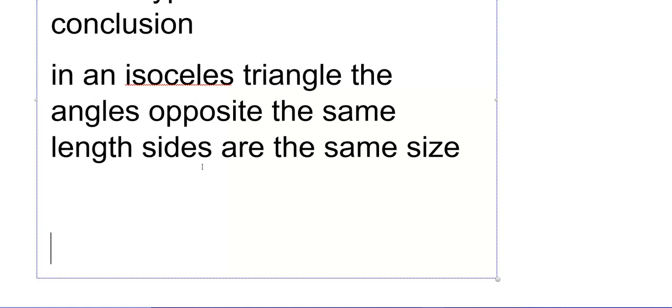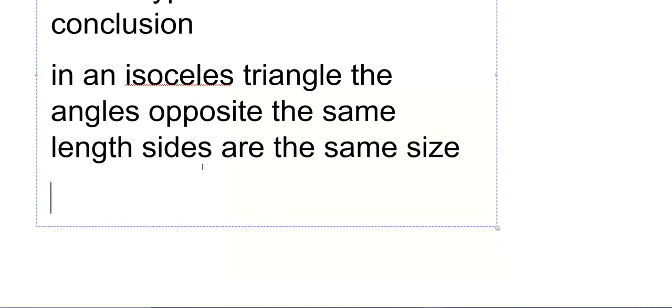Okay? Now, what's the opposite of that? We want to move isosceles to the end. Remember, see the way isosceles is at the start? We want to move isosceles to the end.